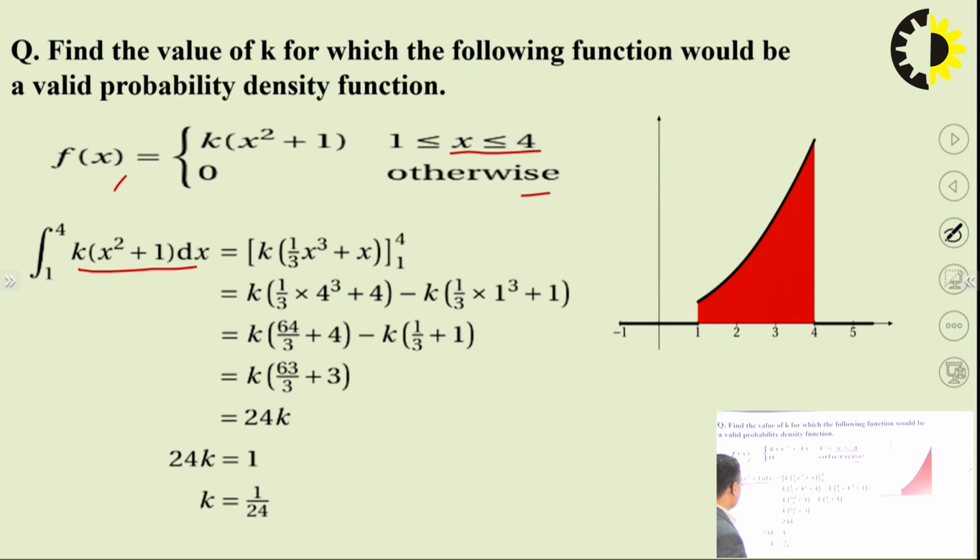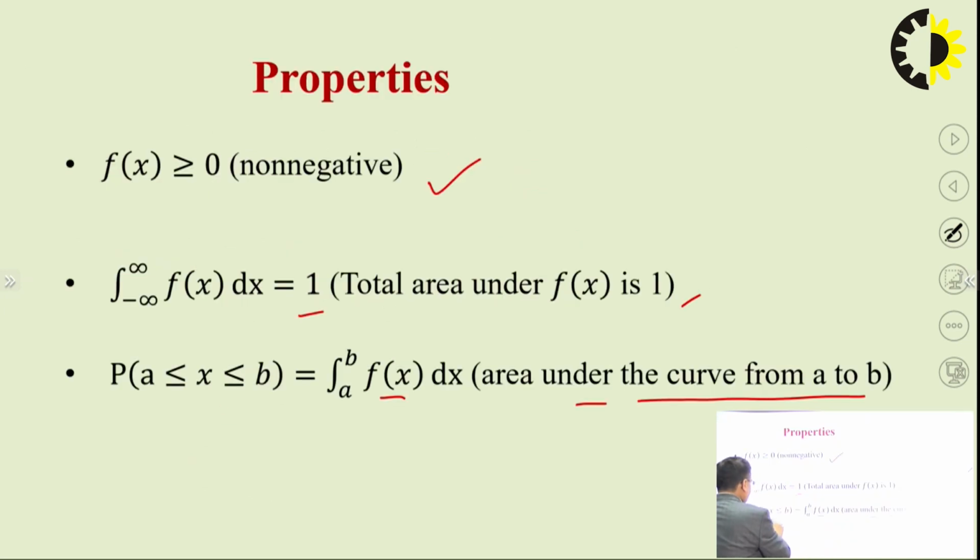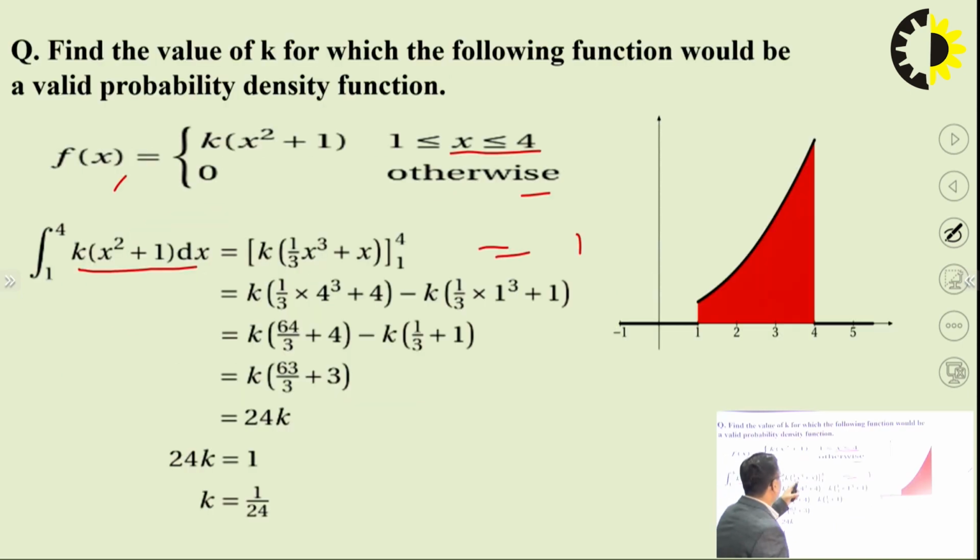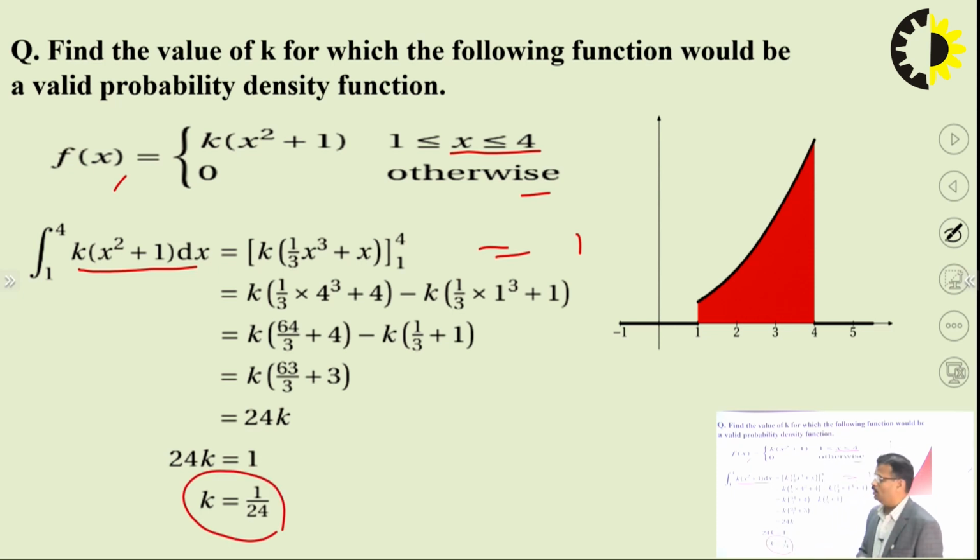We know it is equal to 1, because for the particular limit the total area under the curve is equal to 1. Here our PDF lies from 1 to 4. So, the integral from 1 to 4 of k x square plus 1 dx is equal to 1. Now, you solve the integration and get the value of k, that is 1 upon 24.